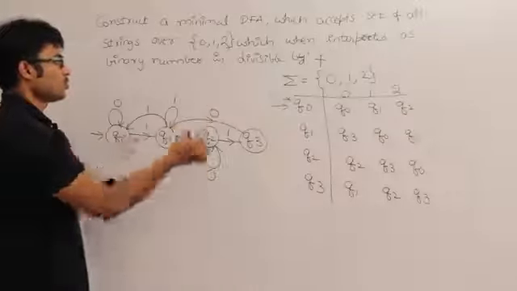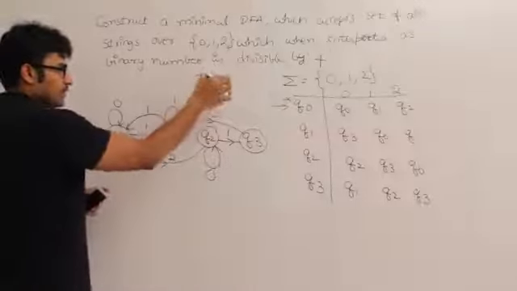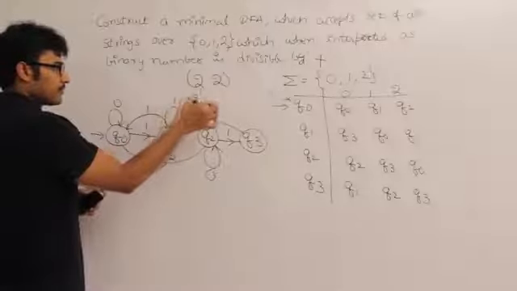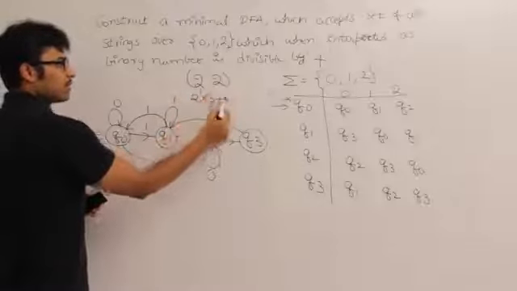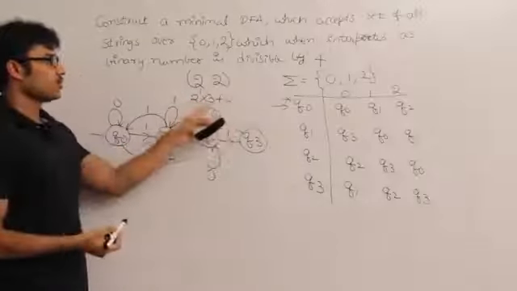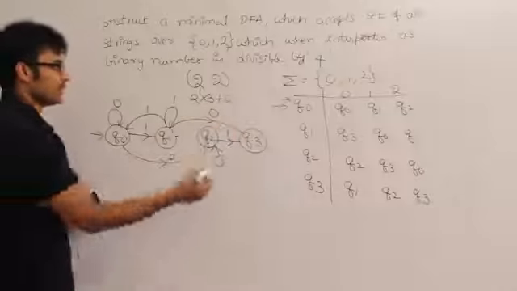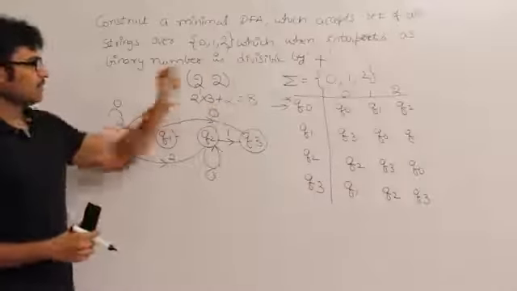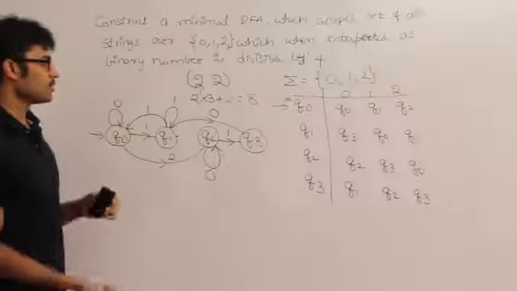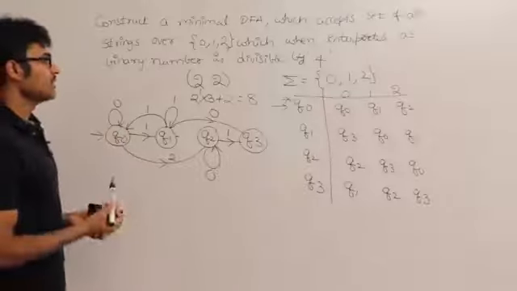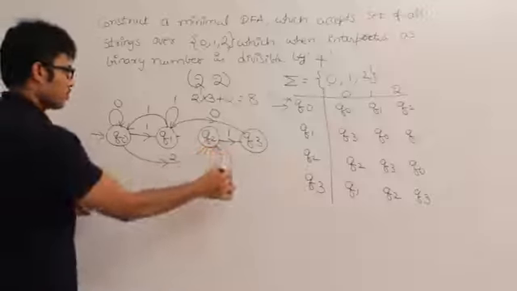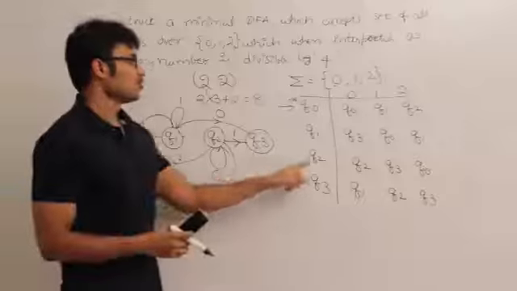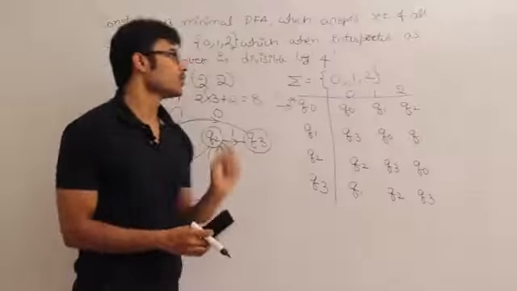Now if in Q2, which means I have seen 2, I see a 2, then it is 2 into 3 plus 2, which is 8. So 8 when divided by 4 gives a remainder of 0. Therefore on seeing 2, I have to go to Q0.